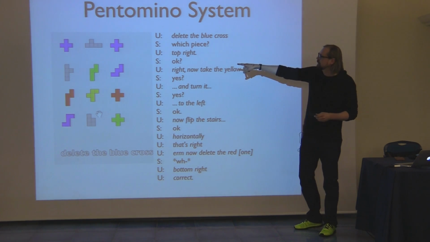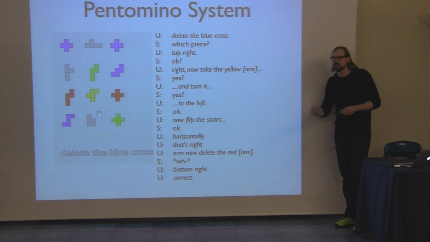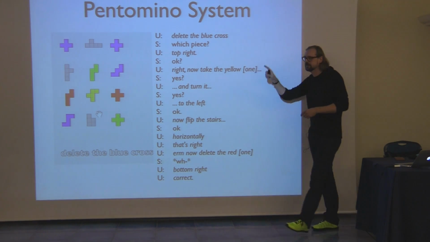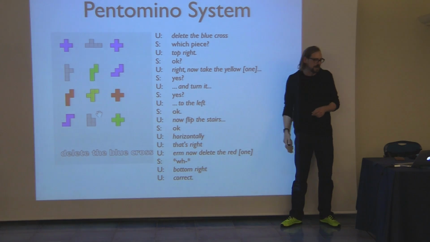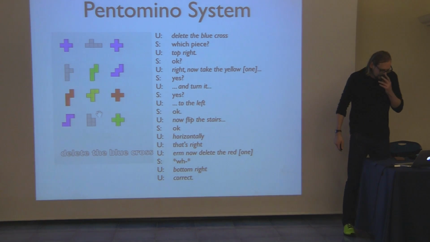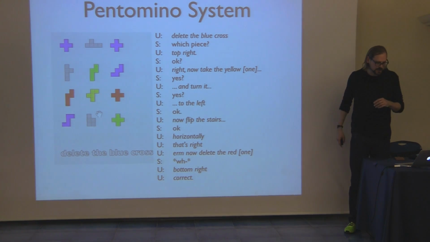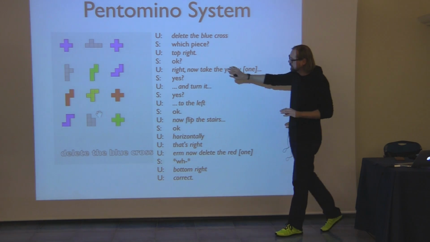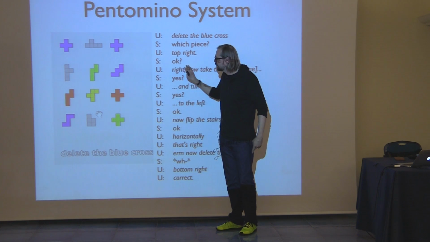And these are pentominoes. These are not tetrominoes, whatever. These are 5 thingies, not 4. But anyway, what the system is doing here is, and this time it's visual, it's a multimodal system.